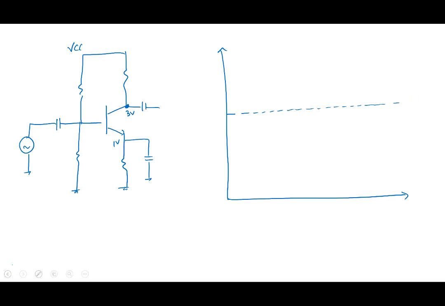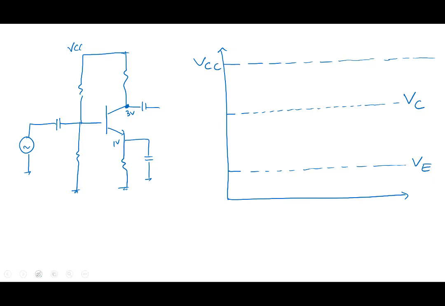This was my DC value, which was VC. This was my DC value, which was VE. Okay? And let me draw another line here. Another line is my VCC.